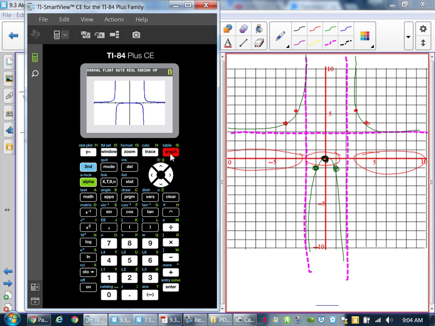Exciting, isn't it? Oh, it looks really weird because our window's all messed up. If I put it at a 5x5, it'll look nicer.